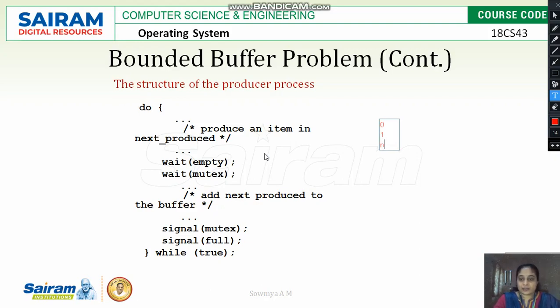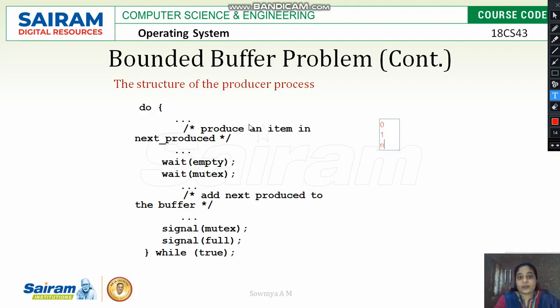But since it is a bounded buffer problem, once the producer has completely filled the buffer, only then can the consumer get a chance to read. Until the consumer finishes reading the complete buffer of n data, the producer has to wait for the consumer. This is our problem.